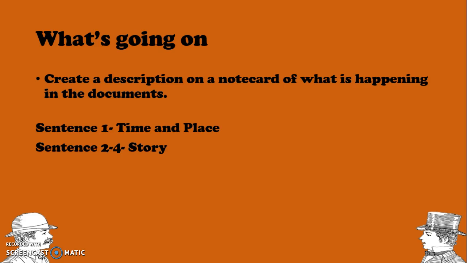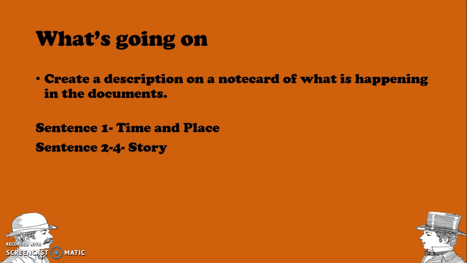You're going to write this on a note card or a piece of paper, and sentence 1 has to include the time and place, such as during Jackson's presidency or when Jackson was president. You can't do a specific day on this one because it happened over a long period of time.